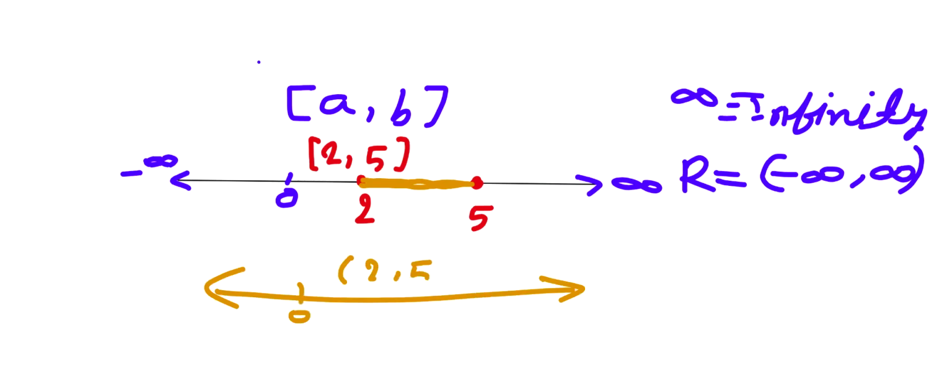Since the boundary points are not involved, we put a hollow circle on the graph, and in between we shade it. Here 2 is there, here 5 is there. Hope that it is clear.